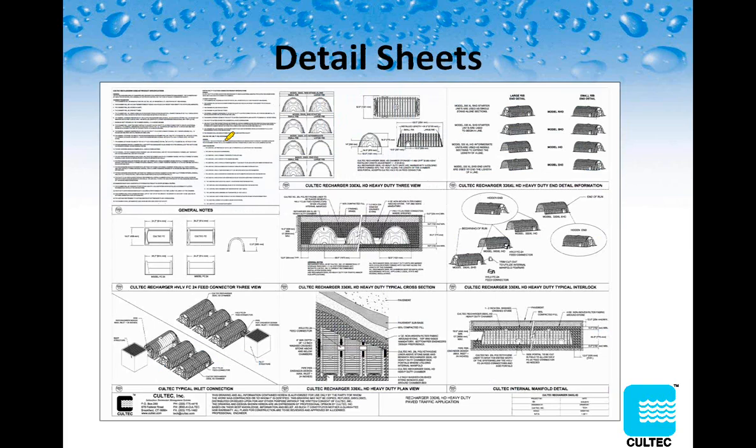It's also great for submittals for contractors, because it just kind of separates out everything. You've got your cross sections, your 3-view drawings, your end wall detail breakdowns, your starter, middle, and end sections, and how they interlock with one another, and some details on our manifolds, all in one sheet. It's a nice informative sheet there.